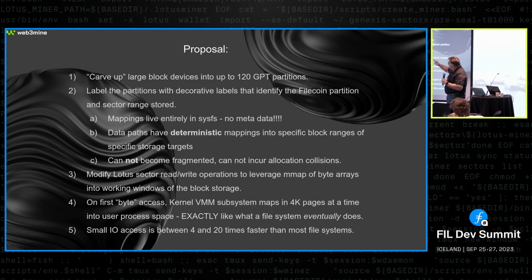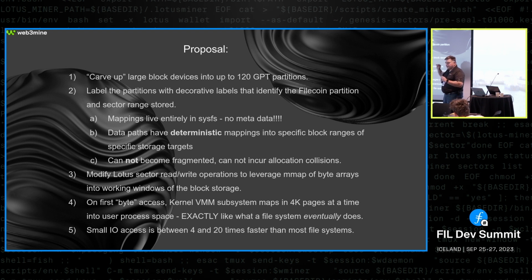When I took this system here and I took these 8 petabyte volumes, and I started slicing them up into GPT partitioning, which supports up to 120 slices within any given disk volume. And I started looking at the geometry of Filecoin and the layout of the sectors, the 73 TiB per Filecoin partition.